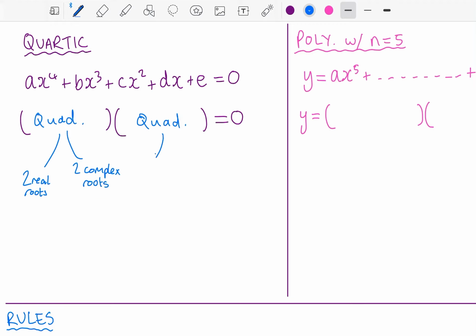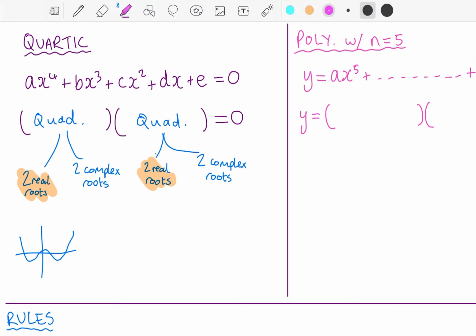And you get that from both quadratics. And what that means is from a quadratic, you have any one of those options. So you could have 2 real roots and 2 more real roots. That could look something like that. Or you could have 2 complex and 2 real.